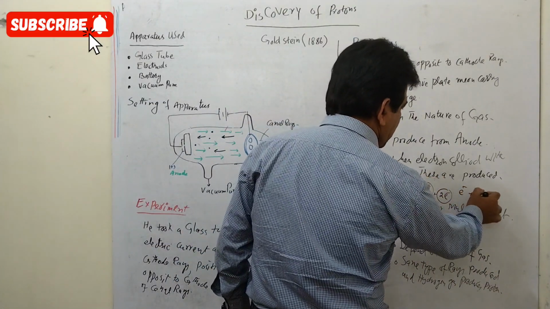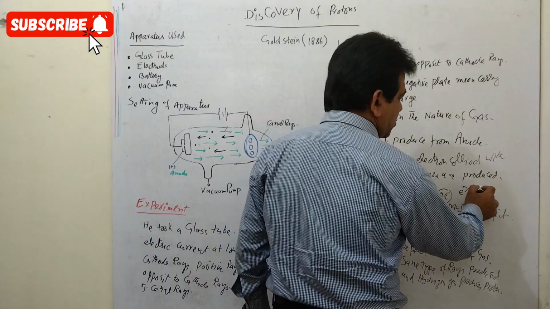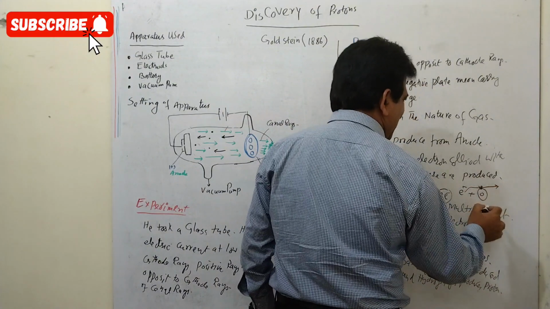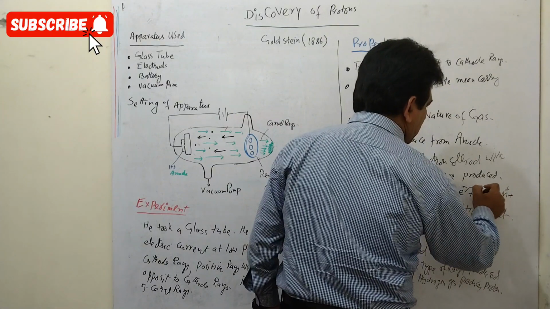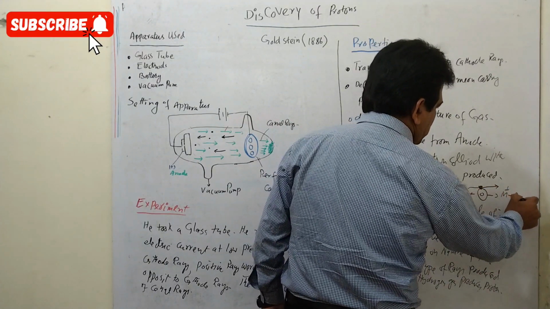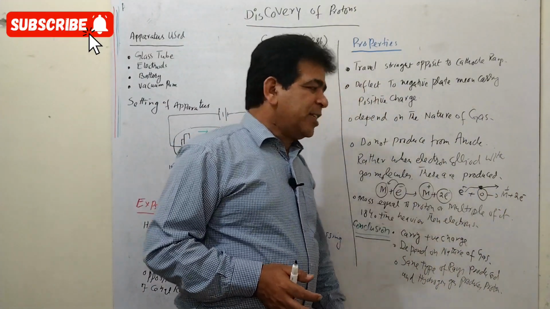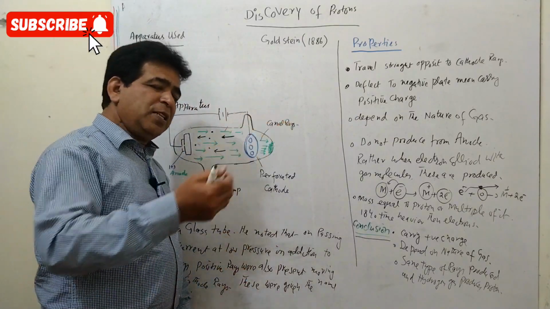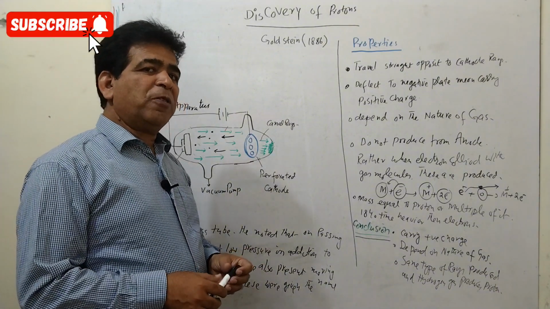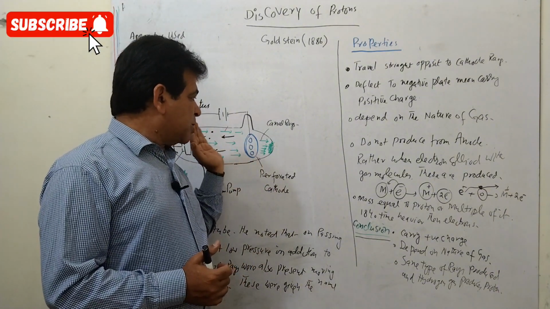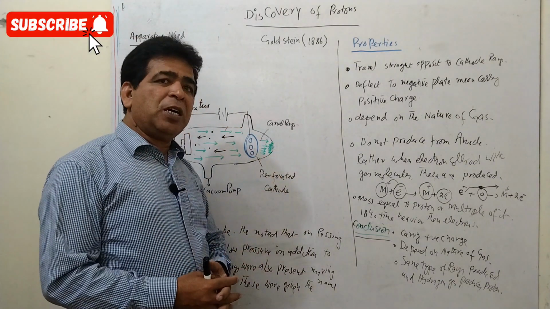This is an electron, this is a gas molecule, and when the electron collides with this gas molecule, an electron is ejected and the gas molecule changes into a positive ion, and one electron plus one electron makes two electrons at the end. In this way these positive ions are attracted towards the negative plate, they are seen in the form of rays, and due to their speed they pass through the holes and collide with the glass tube and produce a glow there.